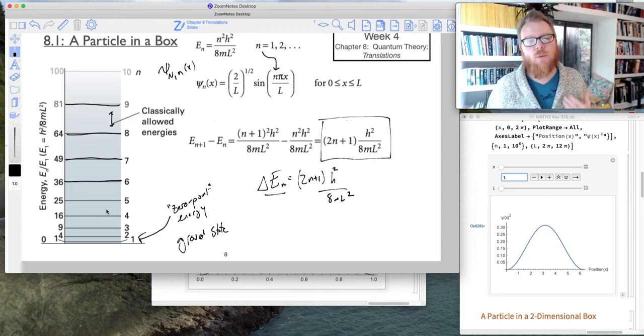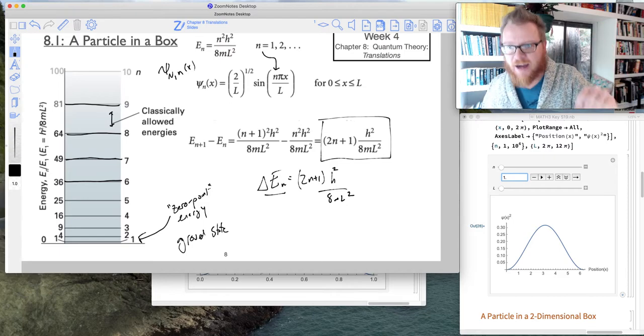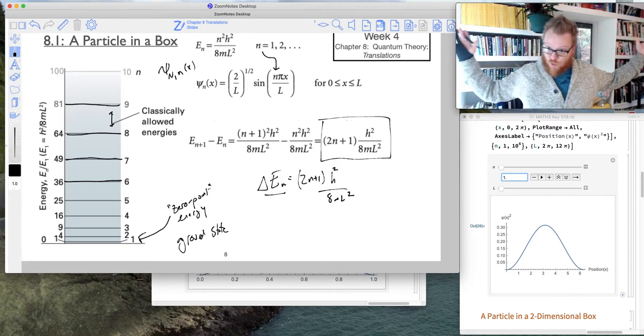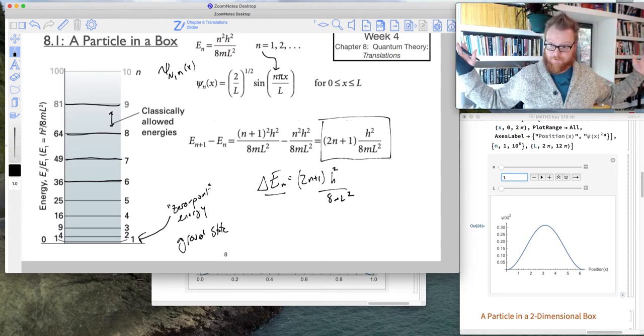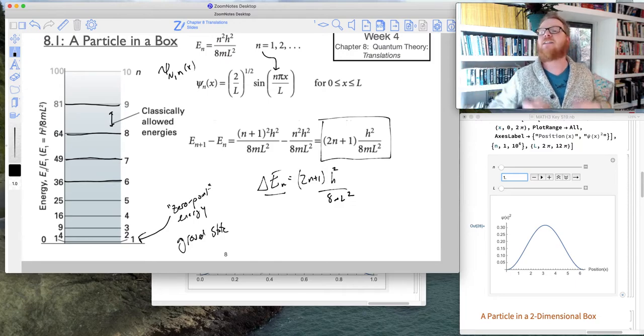So once again, we would get the correspondence principle, okay? So there are huge differences when we talk about putting an electron in a box where the box is the size of an atom versus if we put an electron in a box and the box is the size of a room, okay? The bigger that box gets, the more it approaches just a classical mechanics picture.